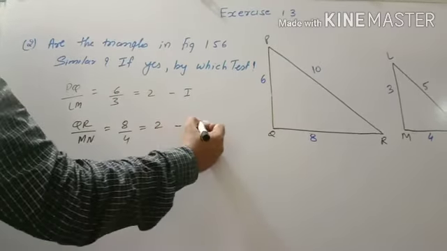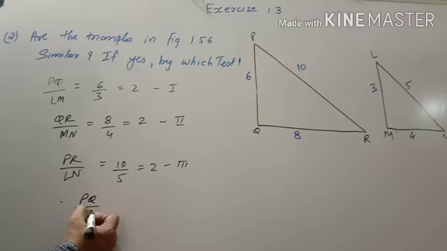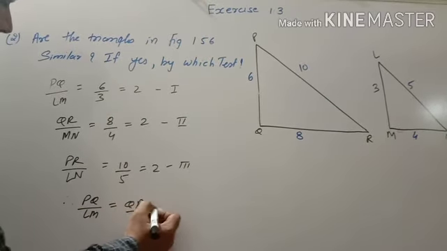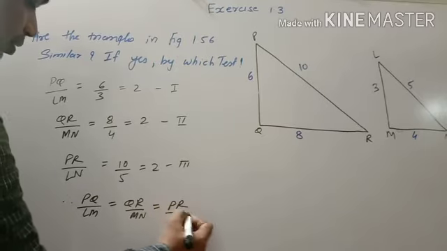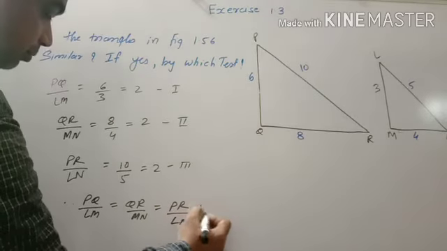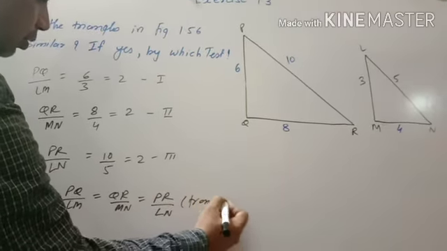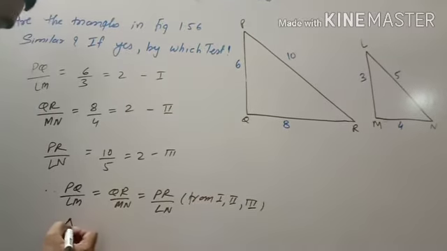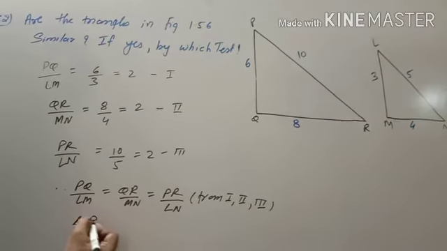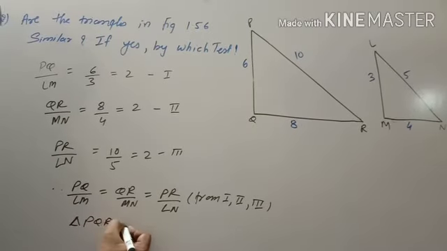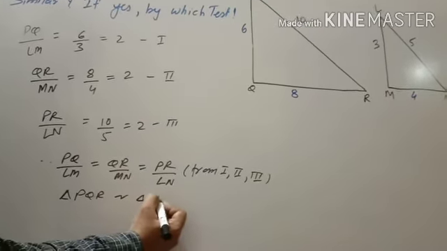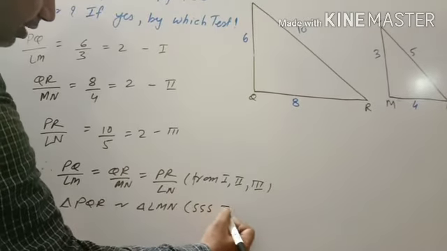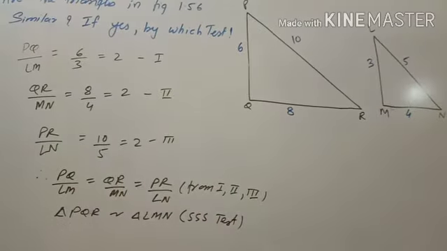Therefore PQ upon LM is equal to QR upon MN is equal to PR upon LN from 1, 2 and 3. Therefore, triangle PQR similar triangle LMN by which test? SSS test.